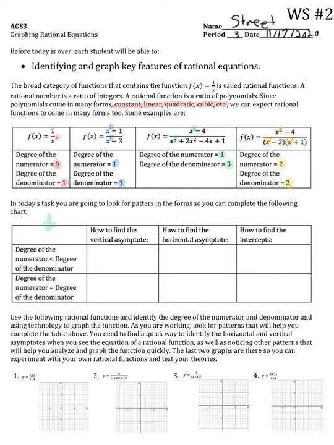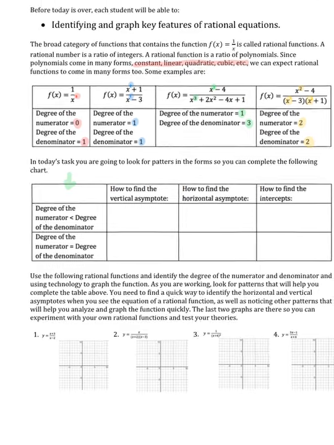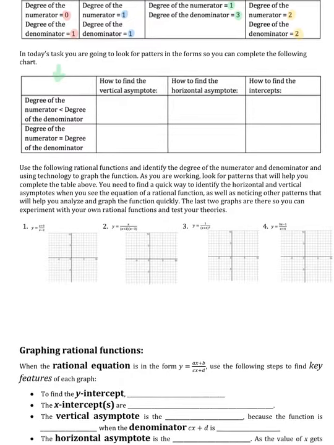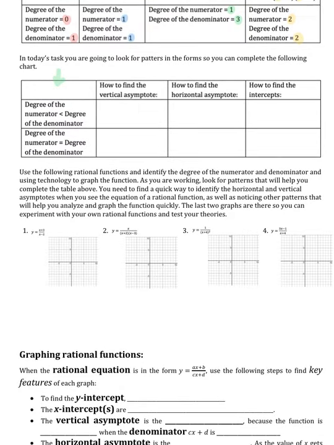All right, what we're going to do next is I've got this section here that says we're going to look for patterns, recognizing the degree of the numerator when it's less than the degree of the denominator. So right here, we'll say when it's less than.